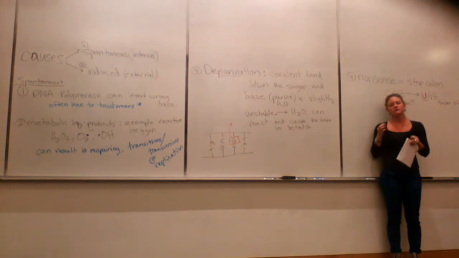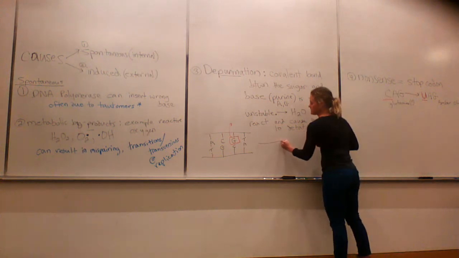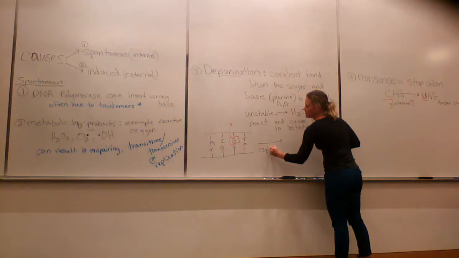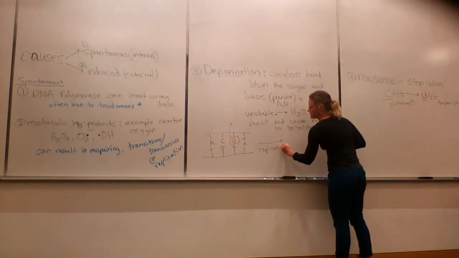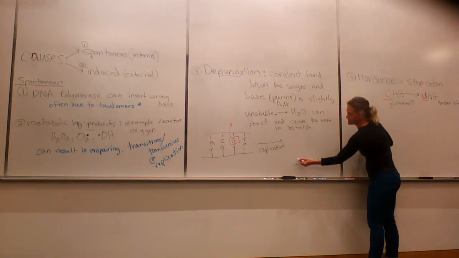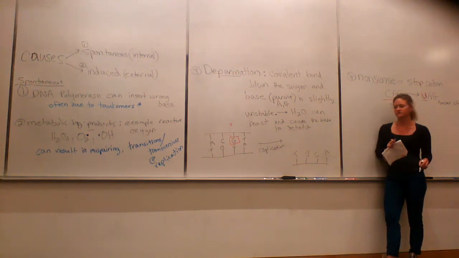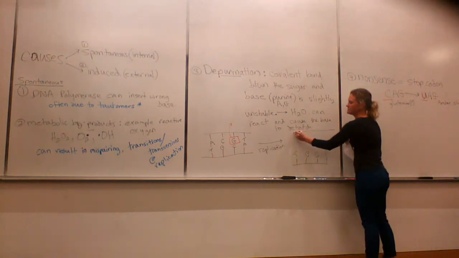Your cell can repair this, but if it comes to replication, depending on what point the cell is in replication, these strands are going to be separated, just as we were talking about with helicase. You're going to have T, G, C, A, just doing fine along the bottom. The top, you still have a gap.